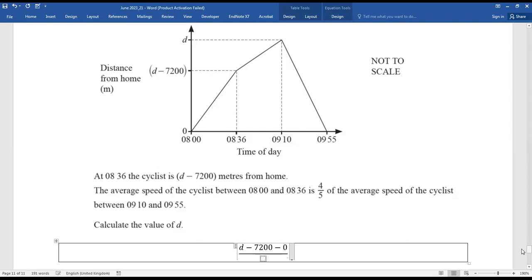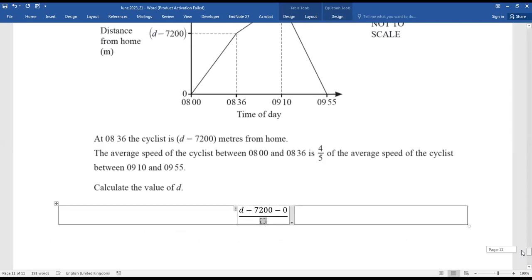I'll just take it as 36 minutes. I can take the time in minutes as well, but make sure it's the same on both sides. The speed will be in meters per minute. This speed is 4/5 of this average speed.